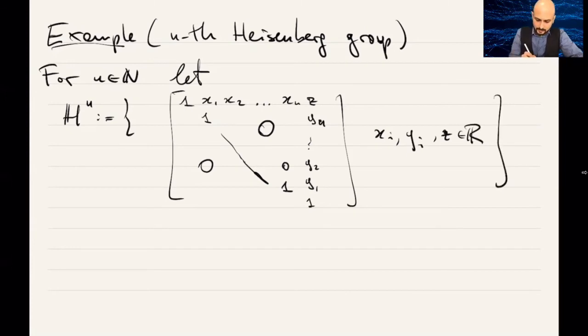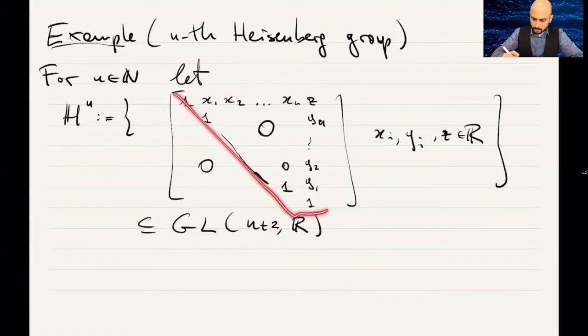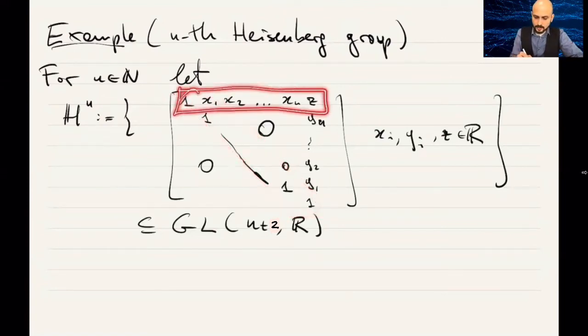So this is a subgroup of GL(n plus 1, R). On the diagonal we have 1. In the first row we have 1 and then the x's and then z. And in the last column we have z, the y's, and 1. All the rest are 0. One can check that this is a subgroup of GL.